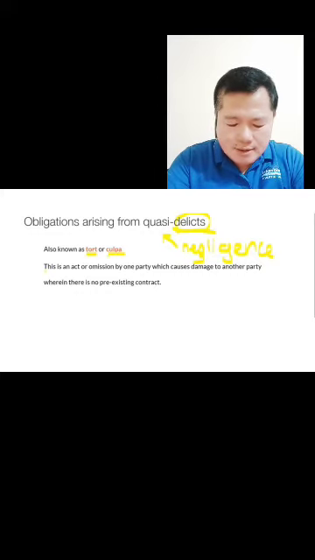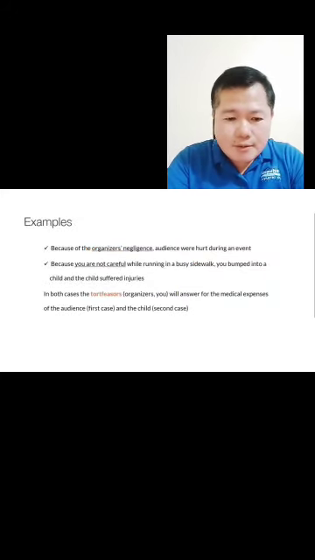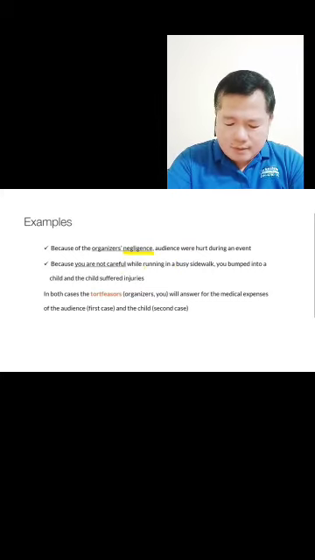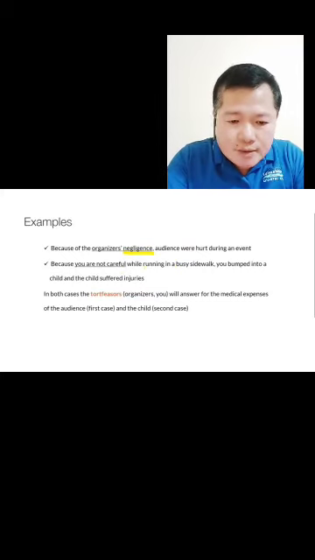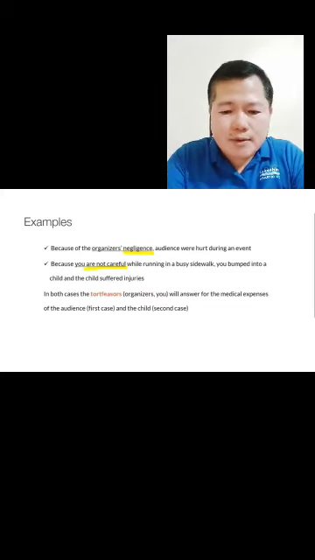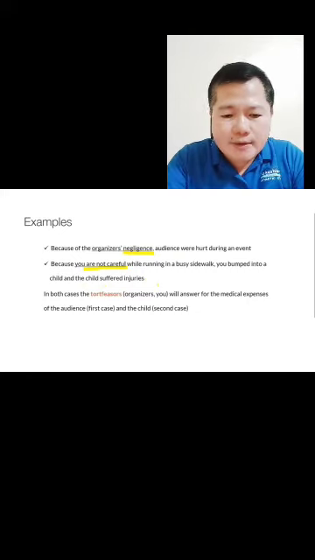So, this is an act or omission by one party that causes damage to another party wherein there is no pre-existing contract. So that we can understand, we have to go to our examples. Number one, because of the organizer's negligence, audience were hurt during an event. Number two naman, because you're not careful, kapabayaan pa rin, while running in a busy sidewalk, you bump into a child and the child suffered injuries.